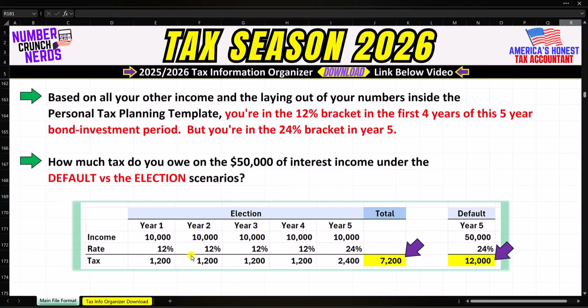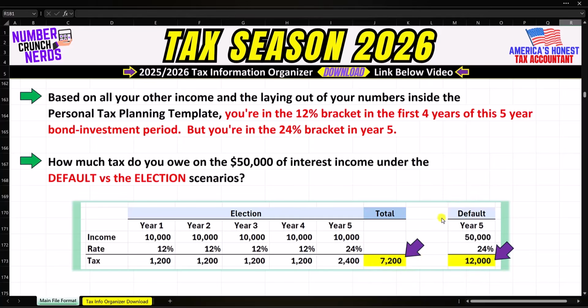However, in year 1 through year 4, you're only in the 12% marginal tax bracket, and therefore the tax due on that $10,000 of interest income is $1,200 a year for the first 4 years, and you happen to be in the 24% marginal bracket in year 5, and therefore the tax specific to year 5 on that $10,000 is going to be $2,400. Therefore, the grand total tax that you paid on the $50,000 of interest income was $7,200.